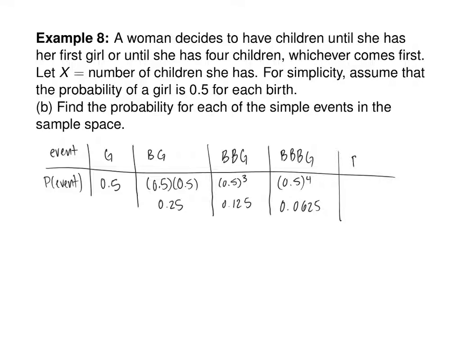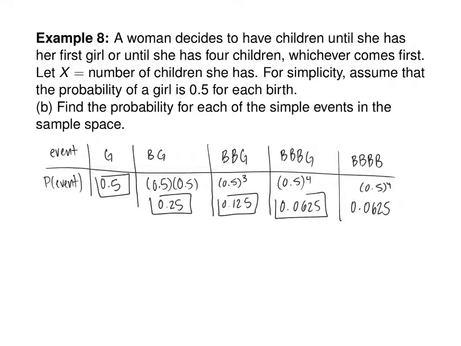And then the last one is boy, boy, boy, boy, and that's 0.0625 again, right? Because that's still 0.5 to the 4th. And do you believe that those add up to 1? The 0.0625 plus 0.0625 makes 0.125, and then those 3 last ones add up to a quarter. Does that make sense? Okay.